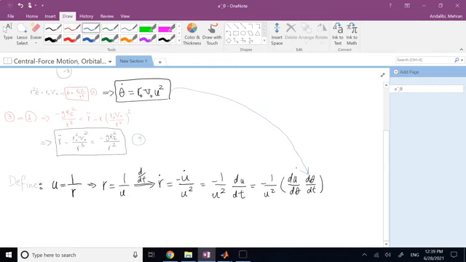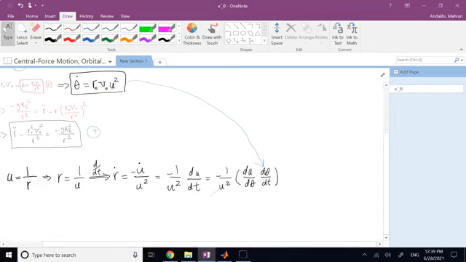U squared. And what's the good thing about it? Well, if I plug it in and paying attention here, I have a U squared term in the denominator, and when this guy comes, I have a U squared term in the numerator. So that U squared and this U squared would cancel. So you will get what?